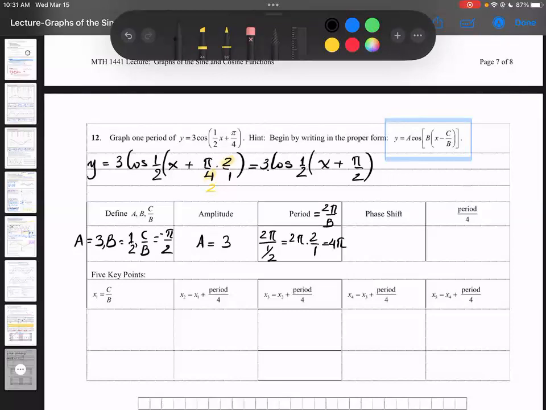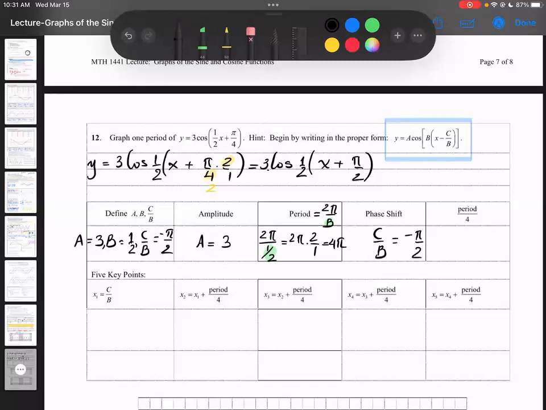So the period is 4 pi. Remember, you can replace B in here to solve for the period. Phase shift is C over B, which is negative pi over 2.